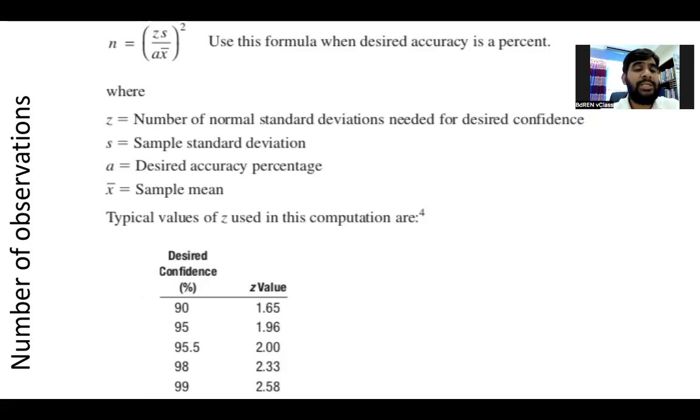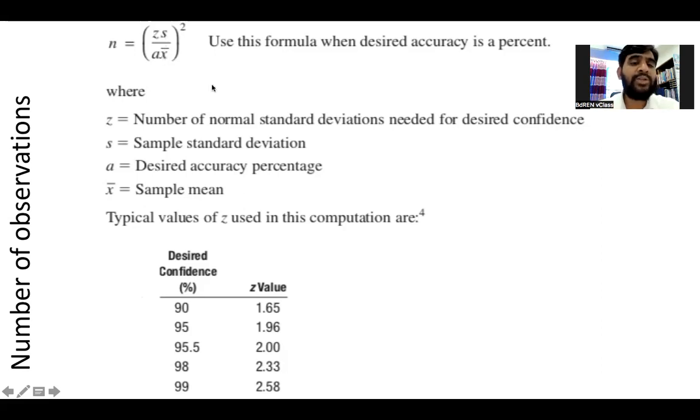S is the sample standard deviation. Before knowing the number of observations, you will calculate the average X bar and also the standard deviation, and you know how to calculate X bar and standard deviation.